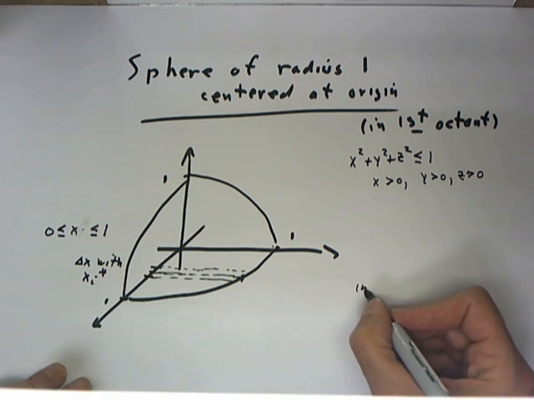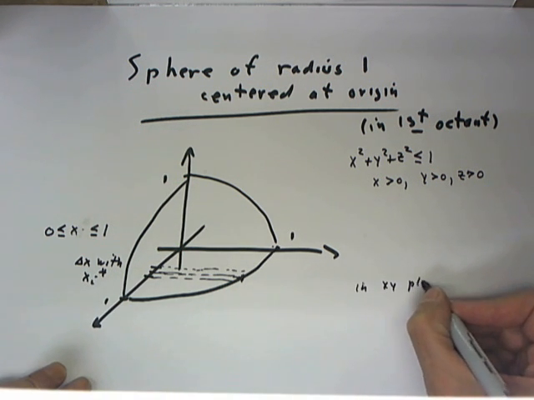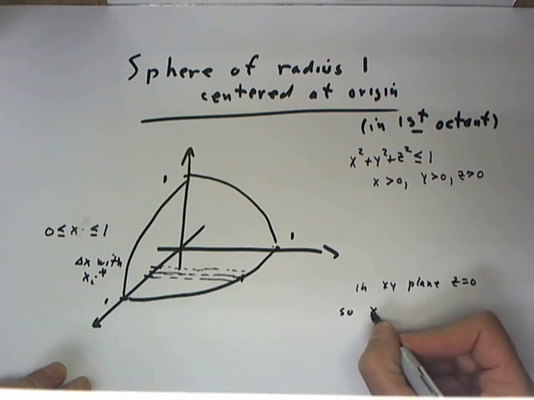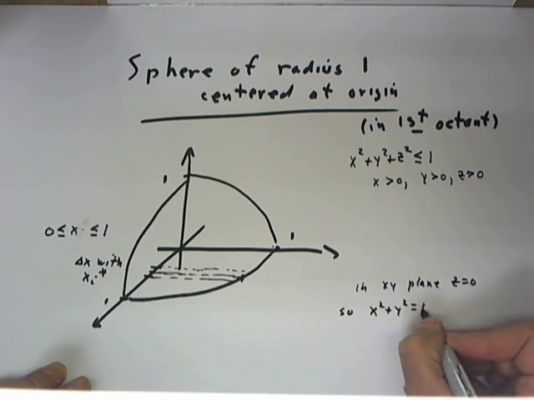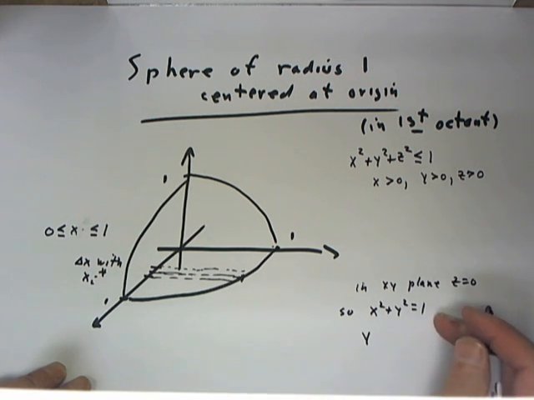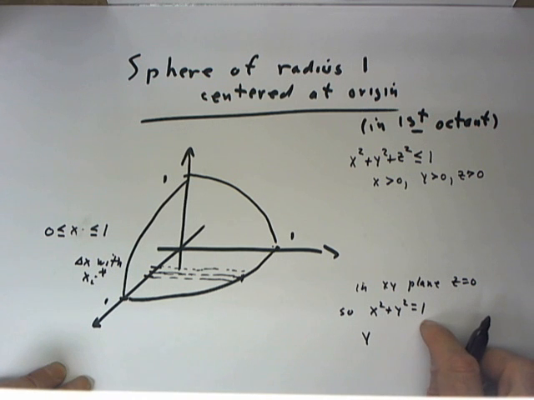In the xy plane, z equals 0, so x squared plus y squared equals 1. Y would then be plus or minus the square root of 1 minus x squared.